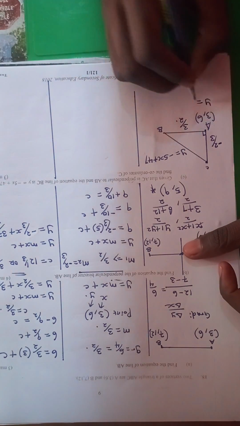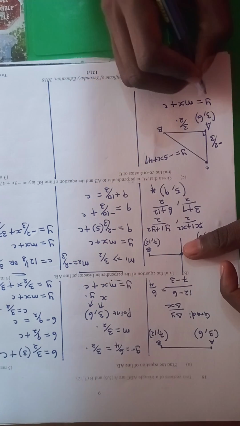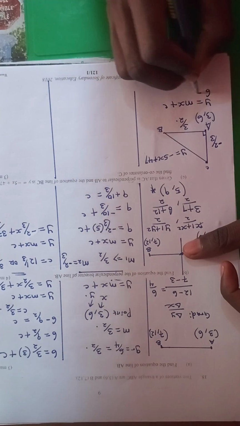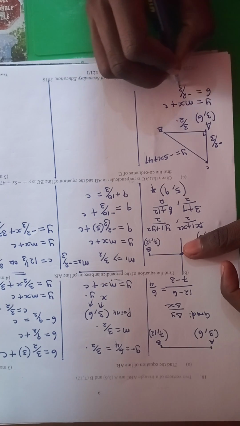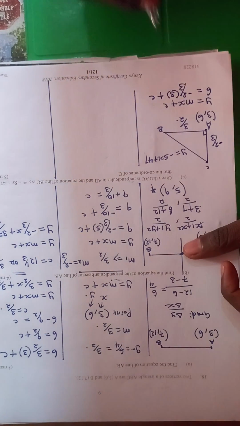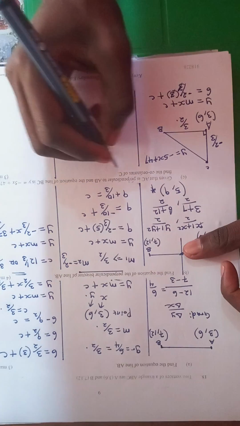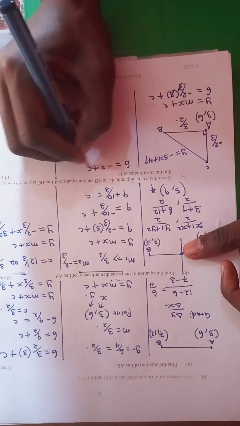So y equals mx plus c. We know m is the gradient. So the y point is 6 equals, our m is the gradient, which is -2 over 3, and our x is 3. Again, we plus c like this. So by 3 by 3, we are going to end up with 6 equals -2 plus c.